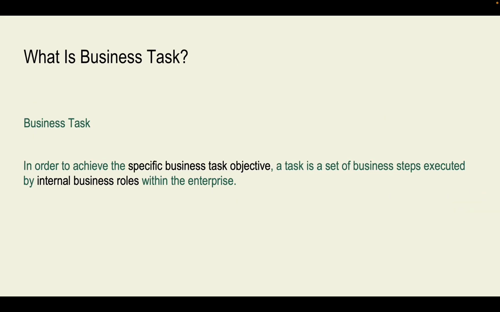In order to achieve the specific business task objective, a task is a set of business steps executed by internal business roles within the enterprise. A business task is typically defined as a series of actions performed by a role to achieve a specific business objective.